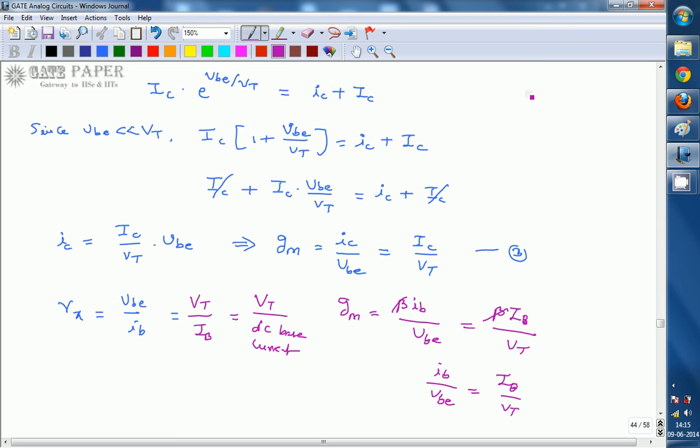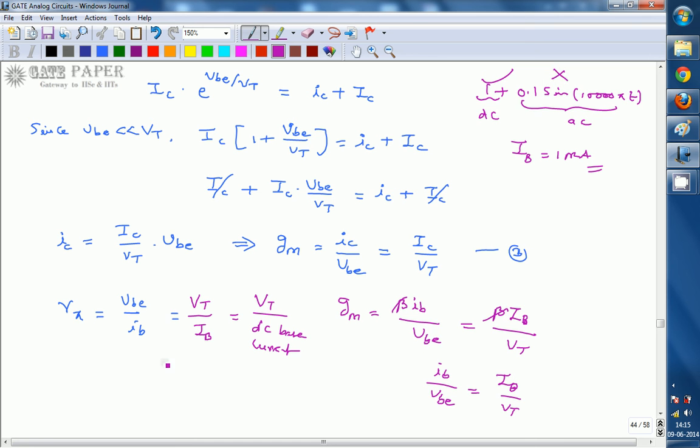The current equation is given as 1 plus 0.1 sine 10,000 pi t. Out of this, one part is the AC component and the other is the DC component. So the DC base current is 1 milliampere, because you have to consider only this quantity, not this one.